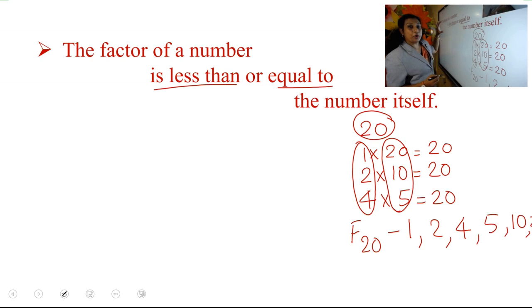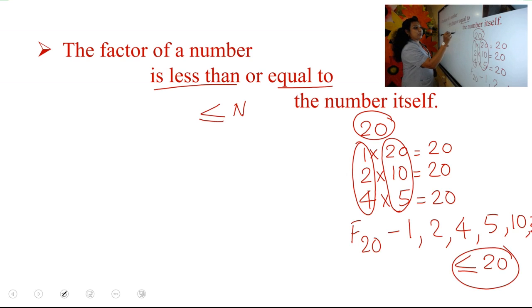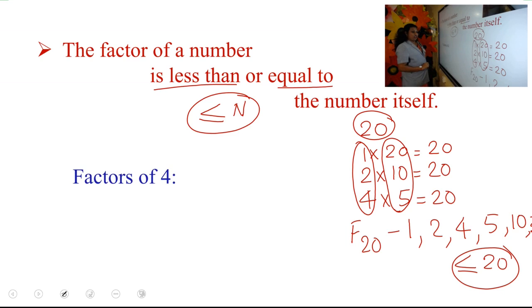See, according to our property, the factors of this number are either equal to 20 or less than 20. This you have to remember. That is the property. We'll see one more example.